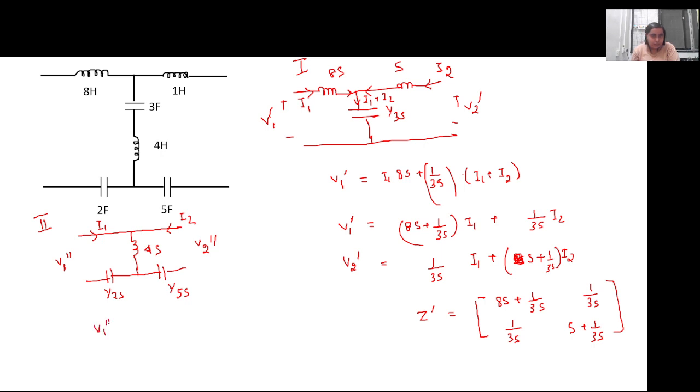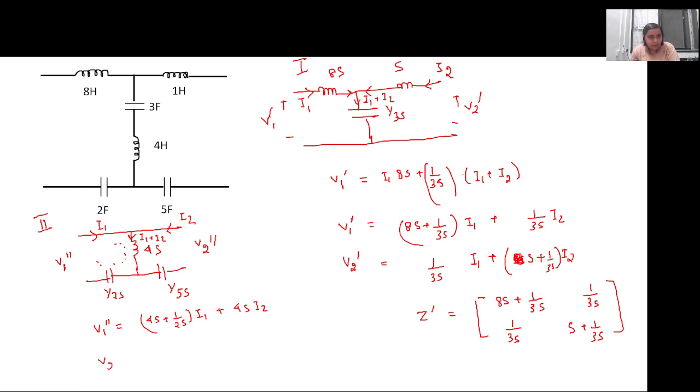So V1 double dash will be this plus this in this particular loop. The total current flowing through this inductor is I1 plus I2. So for I1 we have 4S plus 1 by 2S into I1 plus 4S I2.